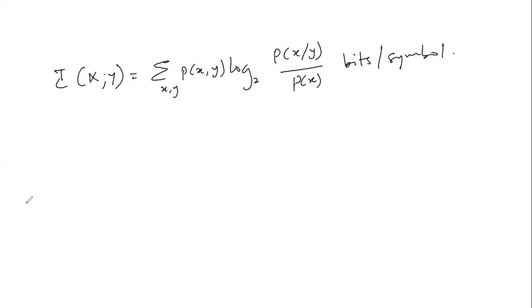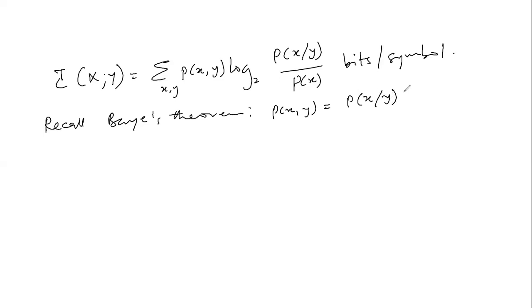So if we recall Bayes' theorem, you see that the joint probability is the same as the conditional probability times the other probability. Okay?